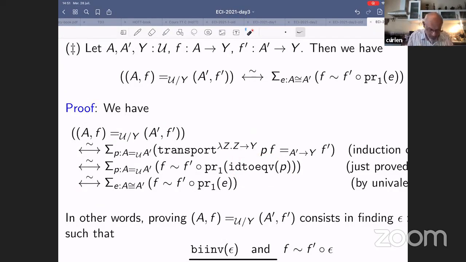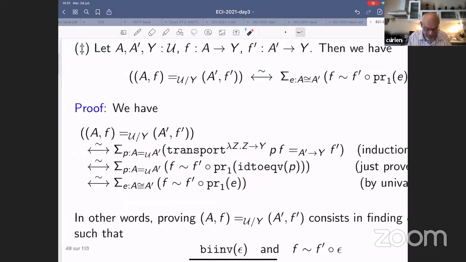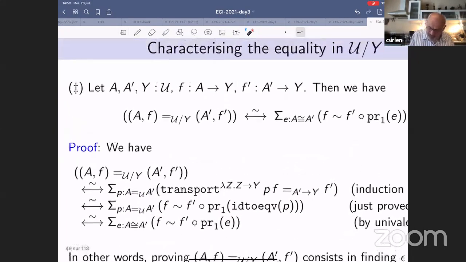But here we deal with things up to equality because it's homotopy. So you see that you turn this type into this type by an equivalence, and this is by univalence. And this is what is stated here.